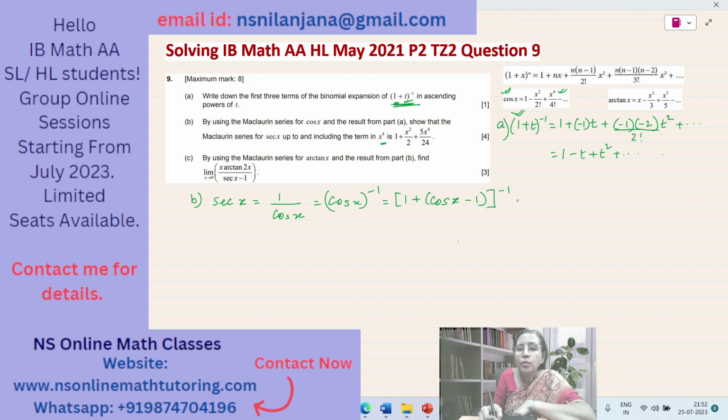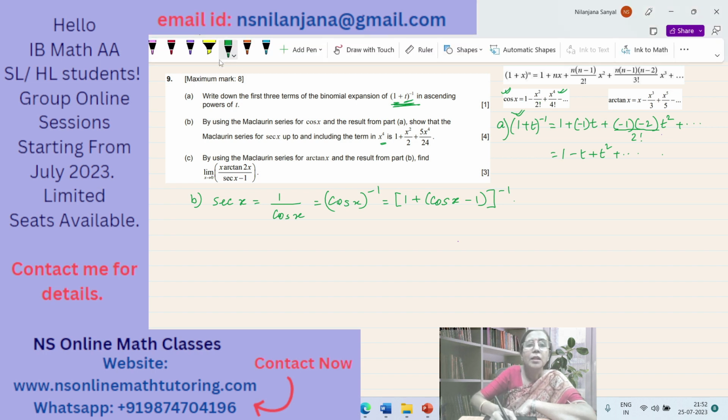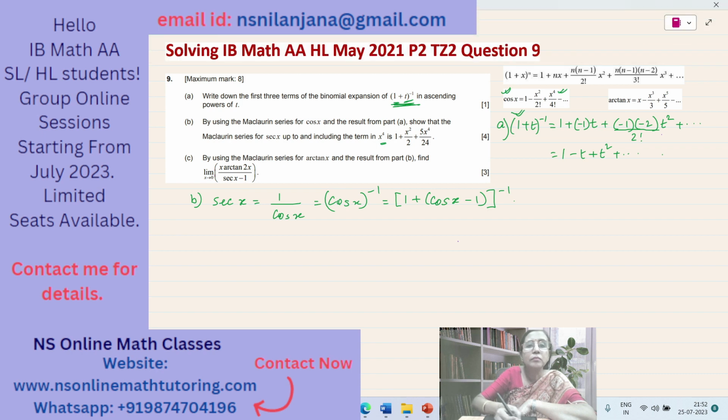Okay. So first of all, before getting the terms, let me write what cos x minus 1 is equal to. Let me take some other color. We need cos x minus 1, so we are subtracting 1 from both the sides.